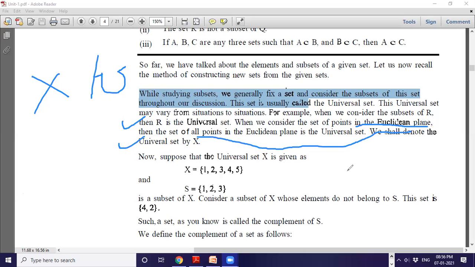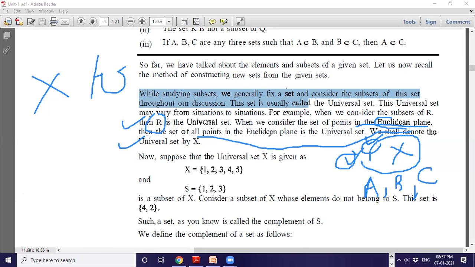Universal set, I am repeating it again, is that set for a specific case where all the other sets are part of or contained in that set. इसका मतलब ये है आपने एक सेट ऐसा लिया है ताकि बाकी जो सेट्स हैं A, B, C वो सारे सेट्स इस यूनिवर्सल सेट में बिलोंग करते हैं, राइट. जैसे मैंने कहा आप रियल नंबर्स कंसीडर कर रहे हो तो R अपने आप में एक यूनिवर्सल सेट हो जाएगा. यूक्लिडियन प्लेन कंसीडर कर रहे हो तो ऑल पॉइंट्स इन ए यूक्लिडियन प्लेन इज द यूनिवर्सल सेट.